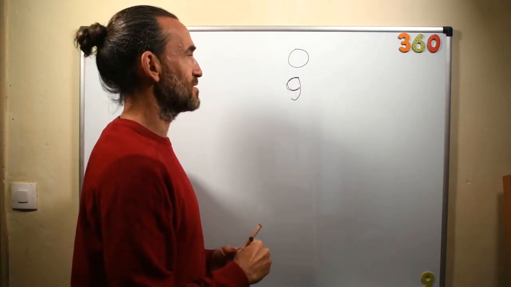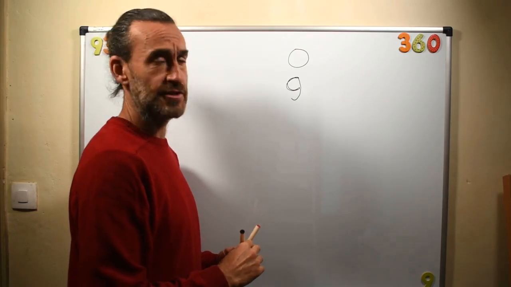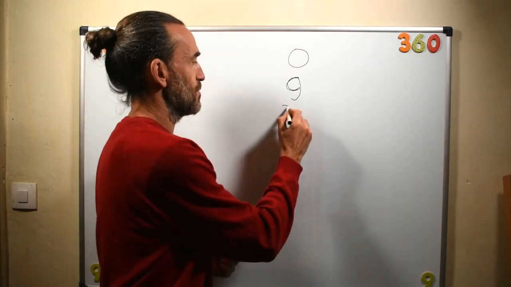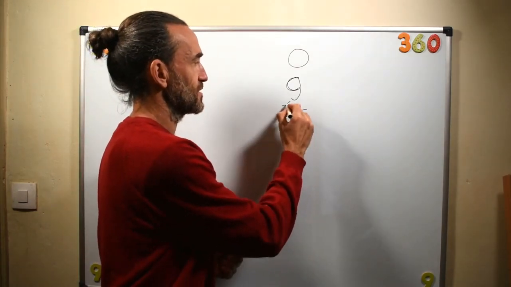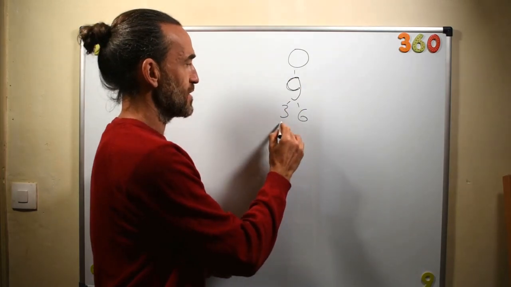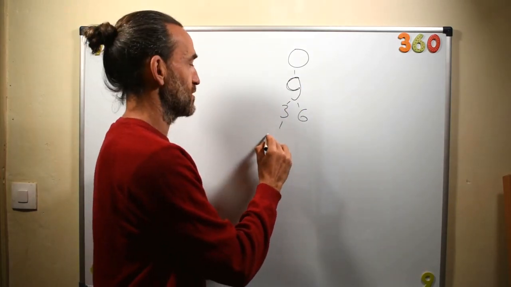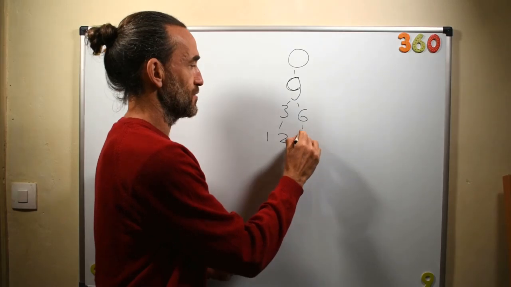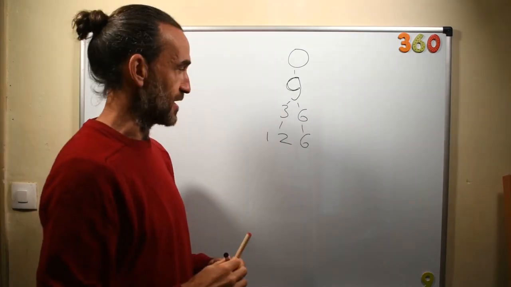Then the 9 split into thirds and two thirds to become the 3 and the 6. And then the 3 split into thirds and two thirds to become the 1 and the 2. And the 6 stayed consistent.